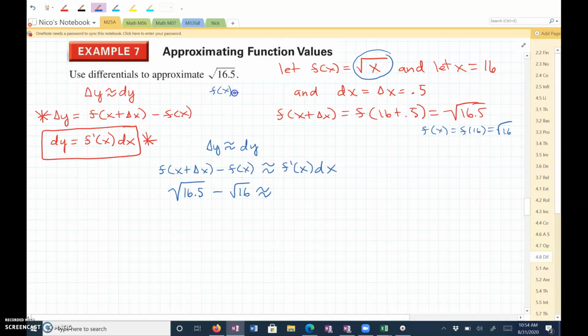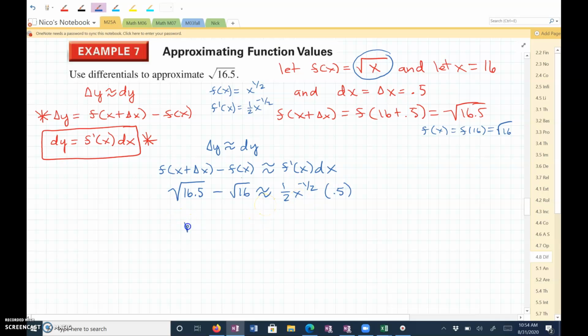Notice that the square root of x, we can write as x to the 1/2 power. So the derivative of f of x would be 1/2 x to the negative 1/2 power, times dx. And we know that dx is 0.5, or 1/2.